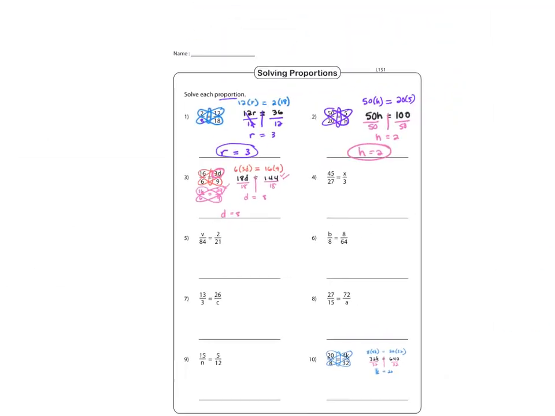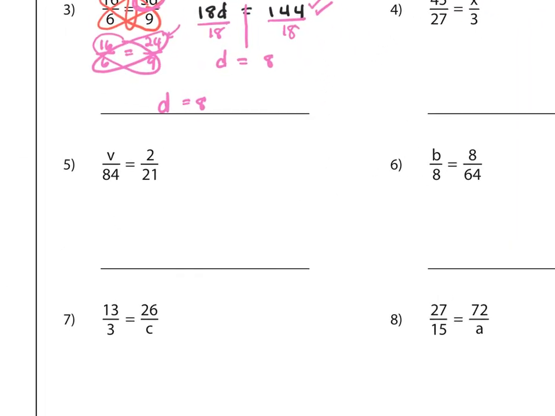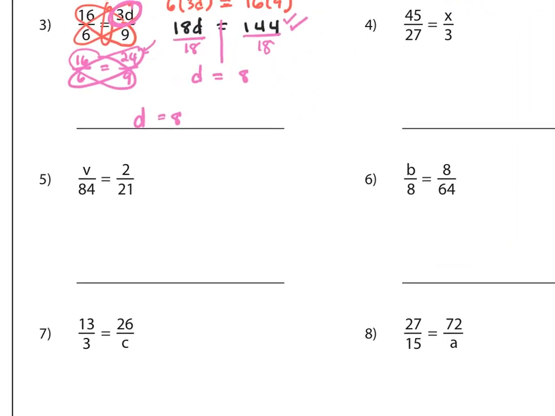So would you please go to problem number 5 on your paper? All right, and so we're going to quickly move through this one. I'm going to cross multiply. I'm going to choose where the variable is. I prefer that, but you do not have to do that. This is going to be 21 times V. And then my butterfly body is the equal, and then 84 times 2 or 2 times 84, whichever you prefer.